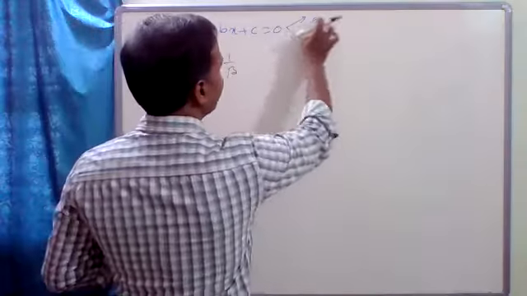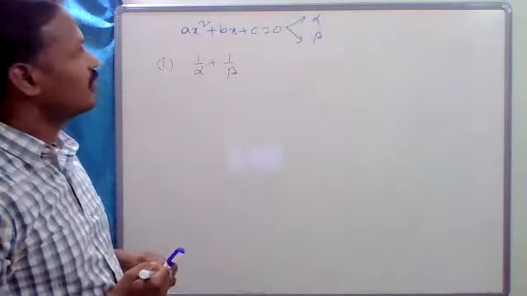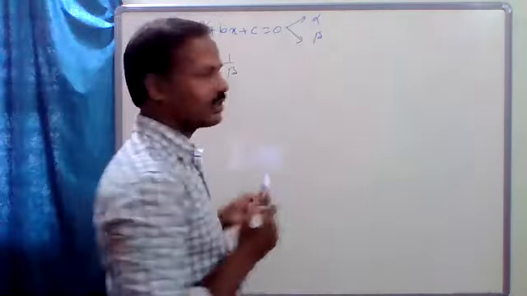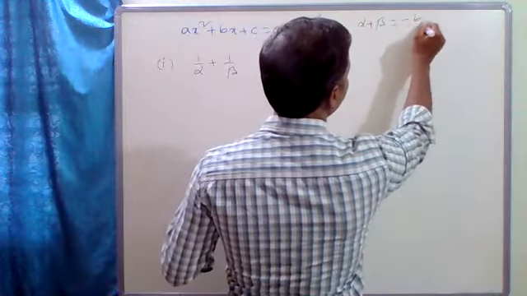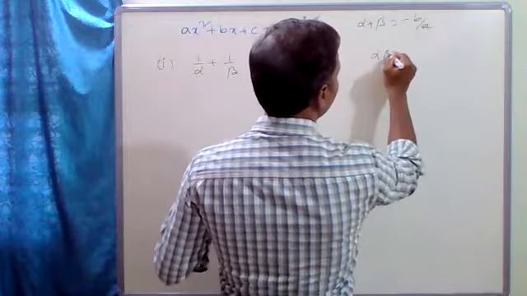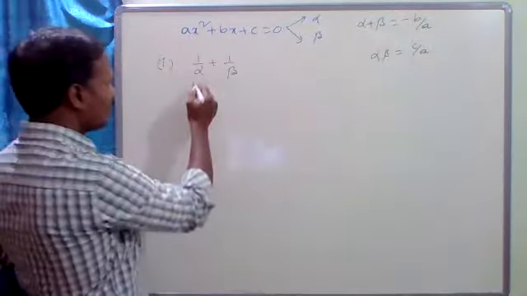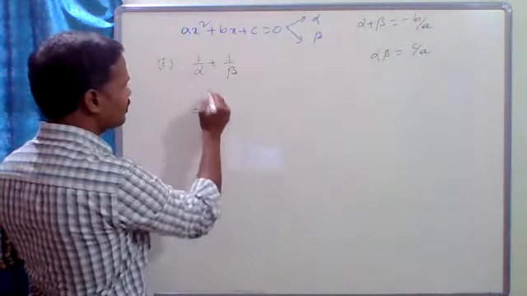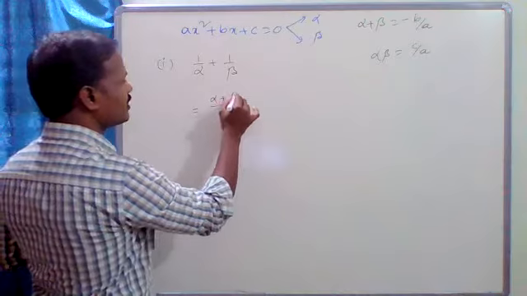Now what is given? The roots of this quadratic equation are alpha and beta. So alpha plus beta equal to minus b by a and alpha into beta equal to c by a. Now simplify this. Alpha beta is the LCM, so in numerator alpha plus beta.